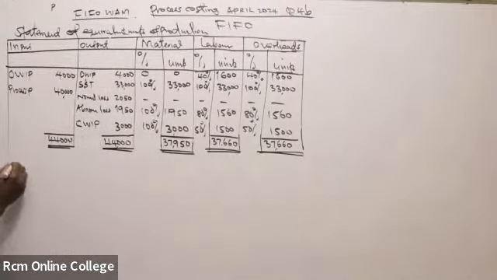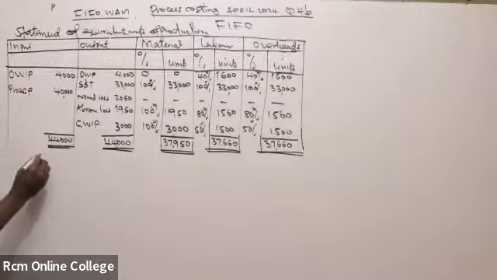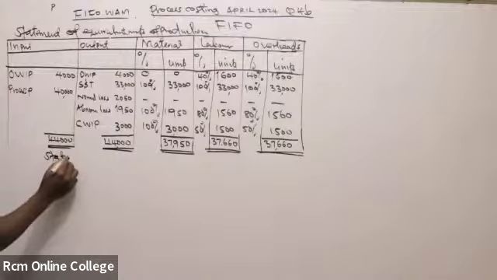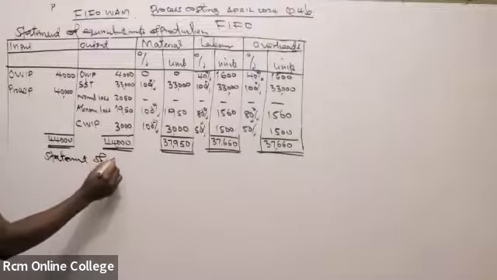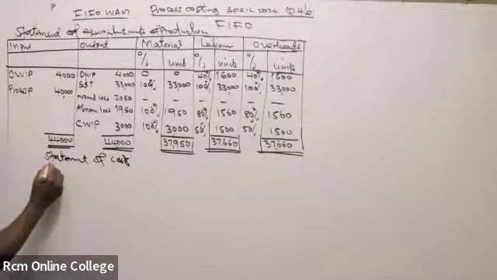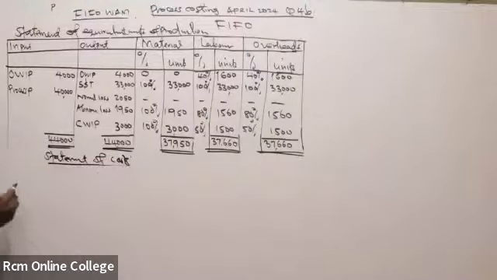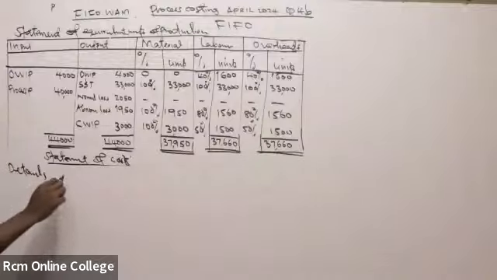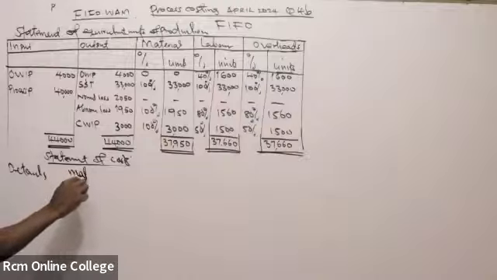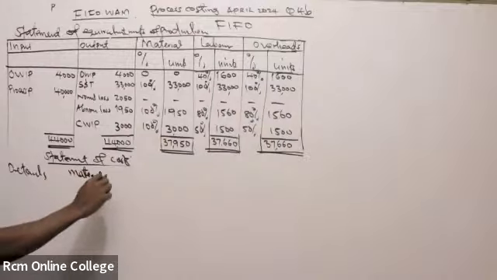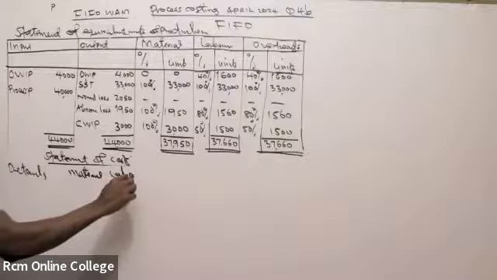Let me try to minimize here. So we have a statement of cost. So in the statement of cost, we have details. We have material. We have labor.